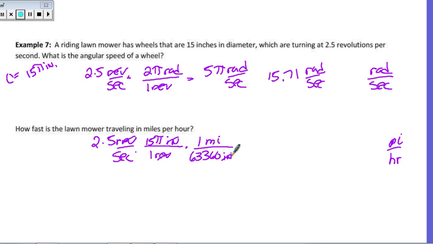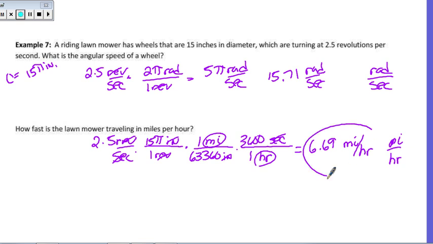And the last thing I need to get is seconds into hours. See the hours in the denominator, so that's where it's going to be here. There are 3,600 seconds. Those guys cancel as well. And what we're left with now is miles per hour. And when you put this in the calculator, you should be getting 6.69 miles per hour. Okay, and with that we conclude 5.1.